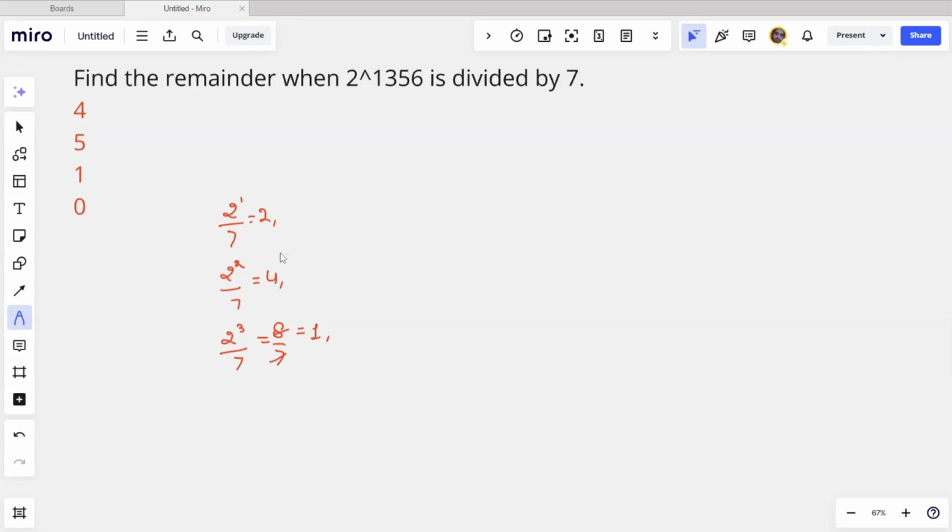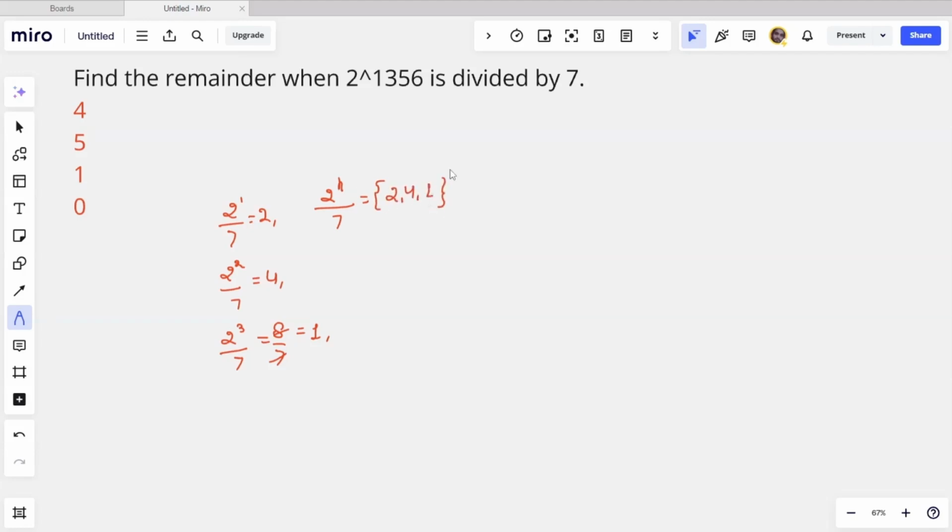And as we know, when we get remainder 1, the cyclicity ends here. So we can say that 2 raised to the power n divided by 7 follows a remainder cycle of 2, 4, 1.